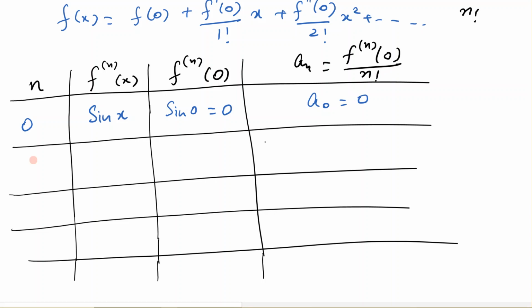Next we have n equals 1. The first derivative of sine is cosine x, and cosine 0 is 1. So a1 would be the value of the first derivative, 1, over 1 factorial, which is just 1.